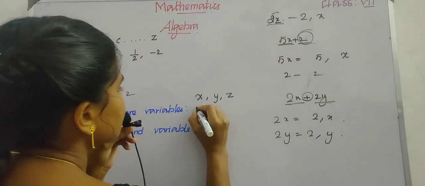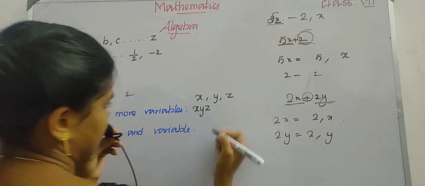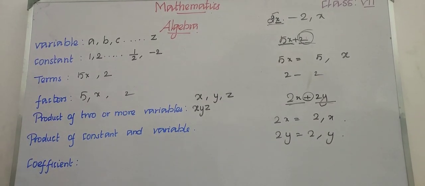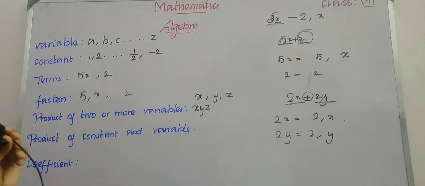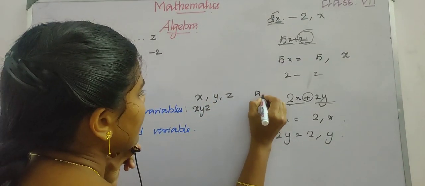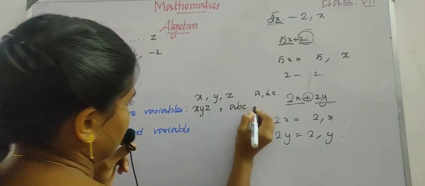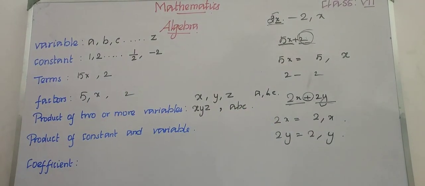We can simply write it as xyz. So now we got the product of this x, y, z, right? Three variables, we got the product. And if you are having a, comma b, comma c, so what is the product? abc. So that is the product of two or three variables. Children, is it clear? Simply we can multiply the variables like this.